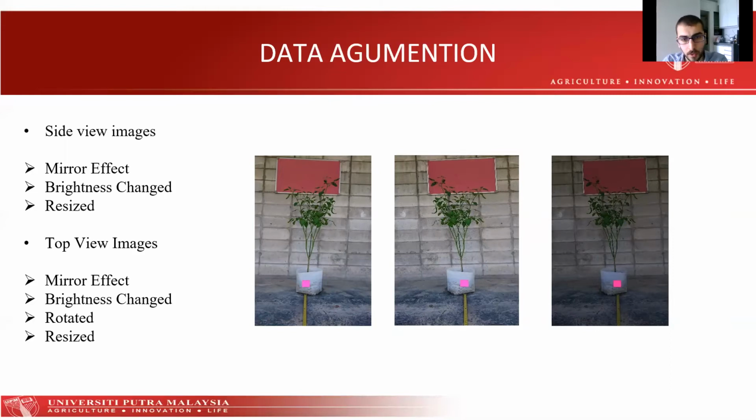As you can see, the image on the left is an example of the original side view image of a chili plant, the one in the middle is the mirrored image, and the last image on the right is the image with a brightness changing effect applied on it, which is a darker image. And all of these images were resized to 1024 pixels by 1024 pixels.